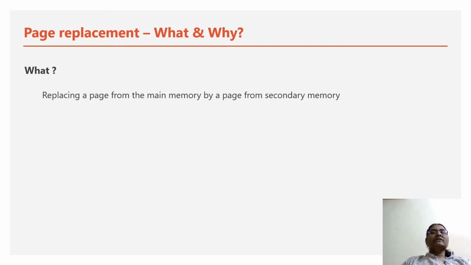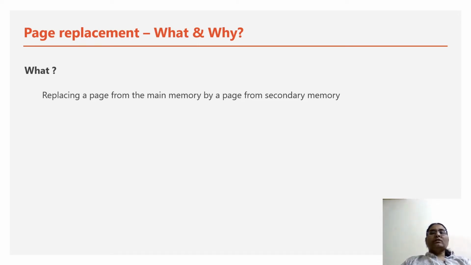Already some of the pages will be residing in the main memory. So if the required page is to be brought from secondary memory to the main memory, then we have to move any one of the pages already available in the main memory out of the memory queue. Only then can the currently required page be inserted into the main memory queue.